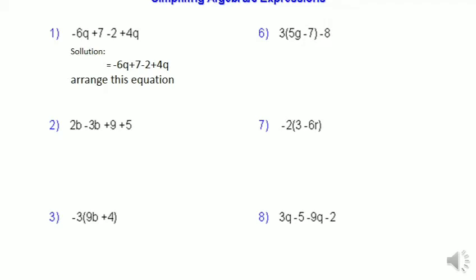First of all, you have to take that mess out. You have to first arrange the equation. Separate the variables on one side and the numbers on the other side, as I have done over here. Minus 6q plus 7 minus 2 plus 4q is the question we have.